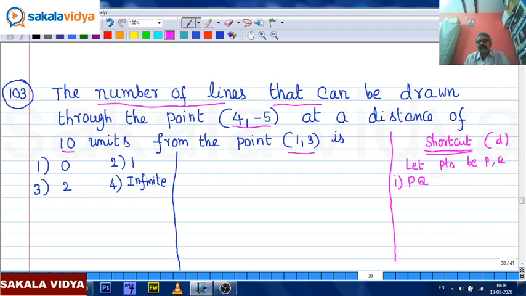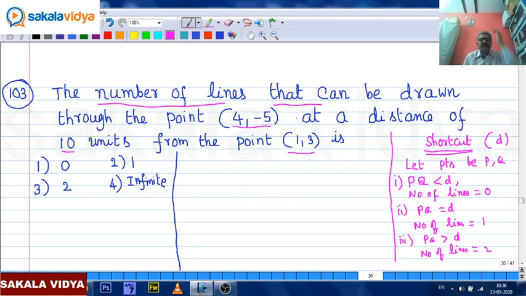For example, first PQ is less than d, number of lines equal to 0, no line can be drawn. Second, if PQ equal to d, number of lines 1. Now third, PQ is greater than d, number of lines 2.